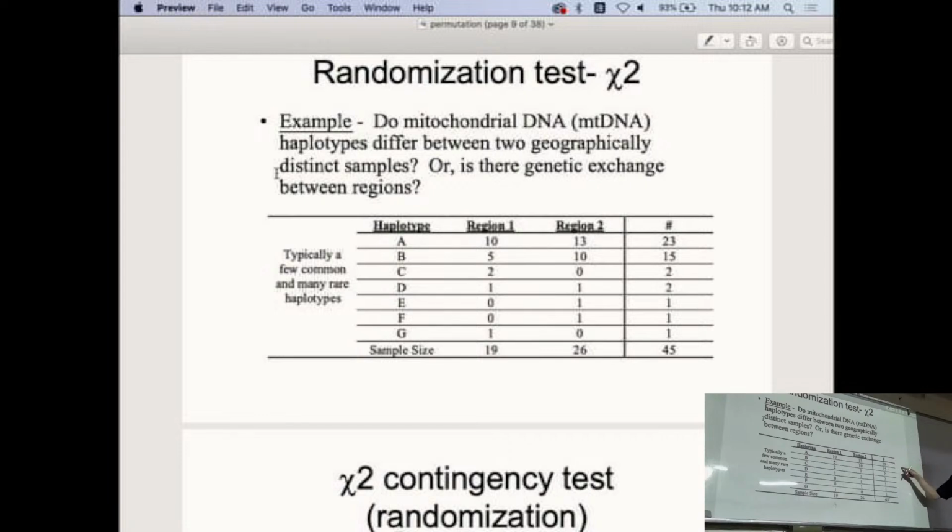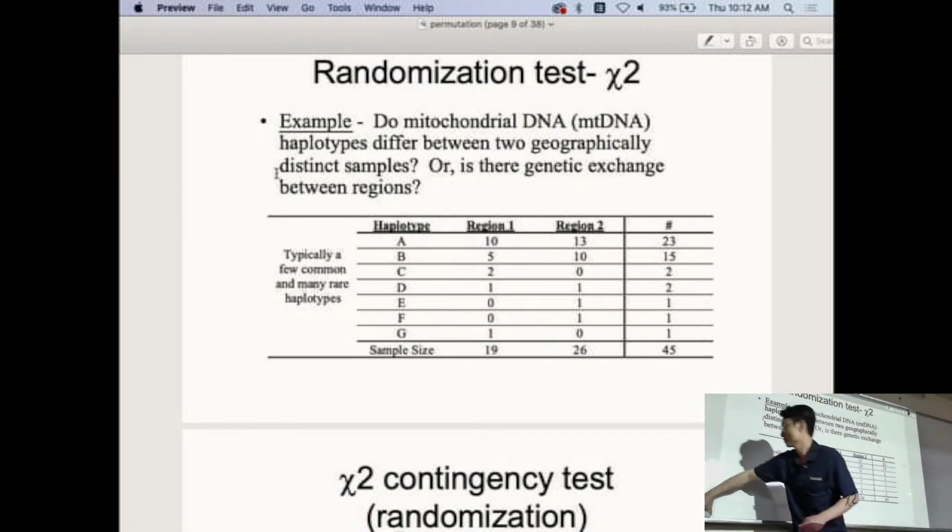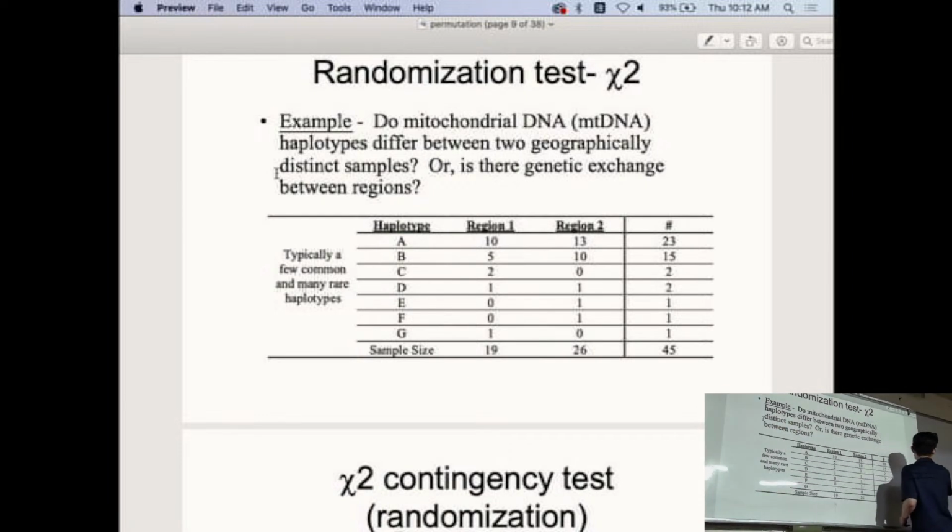That's Pi. So Pj, 19, sorry, divided by 45.